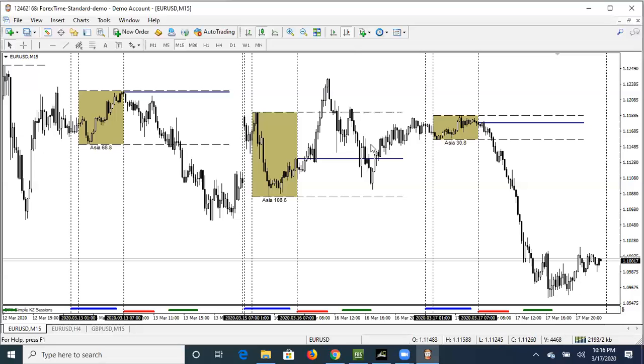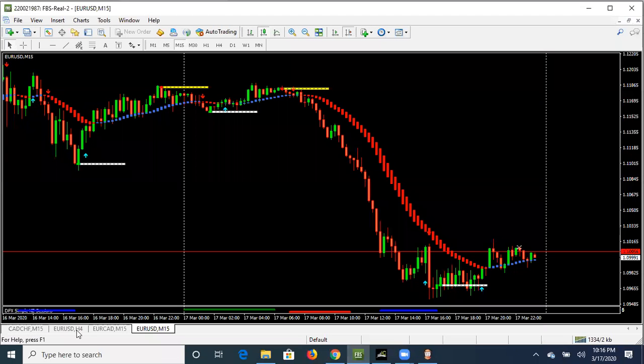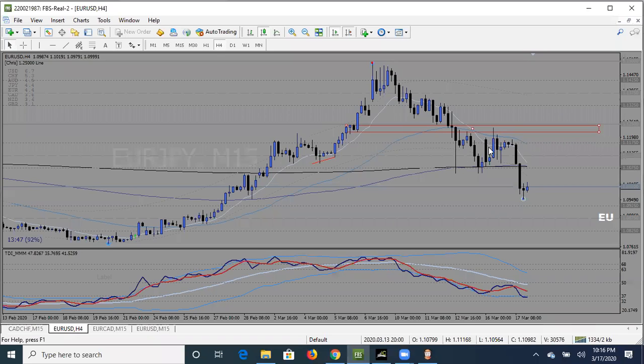Let's take today, for instance. We had stated earlier that we would be looking for opportunities to sell the Euro USD, right? You know the institutional order flow is bearish. For you to sell Euro USD, you need to see a bearish breaker on your 15 minutes.